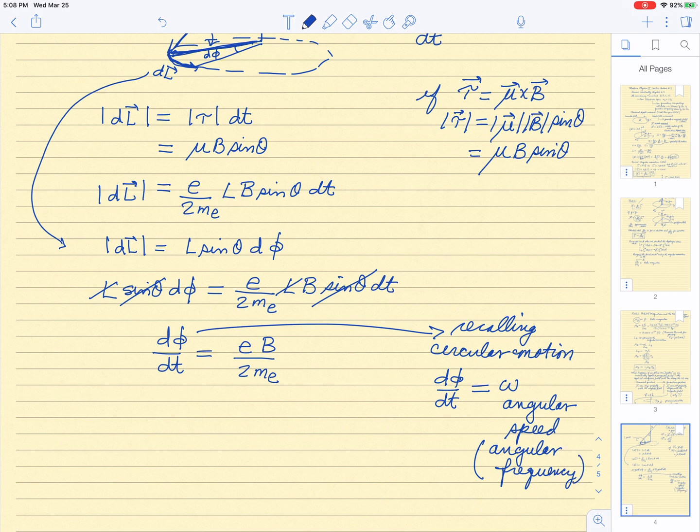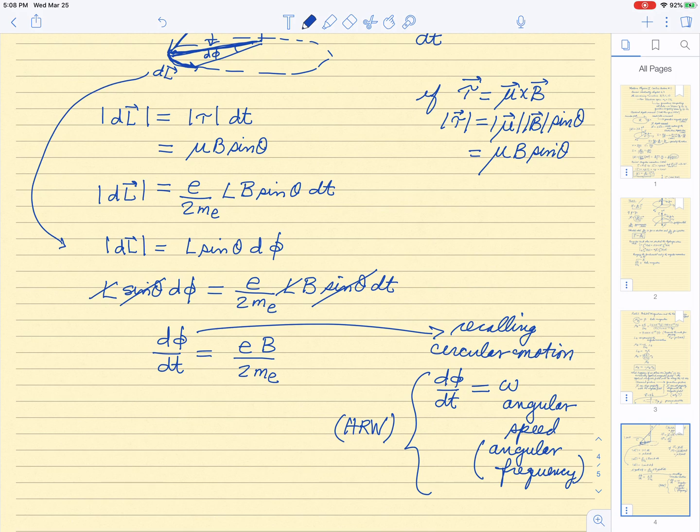Now that's a Halliday, Resnick, and Walker review if ever I saw one. So again, making the link between circular motion and oscillatory motion allows you to call omega either angular speed or angular frequency, depending on the context. Okay, so we'll use the angular frequency here.